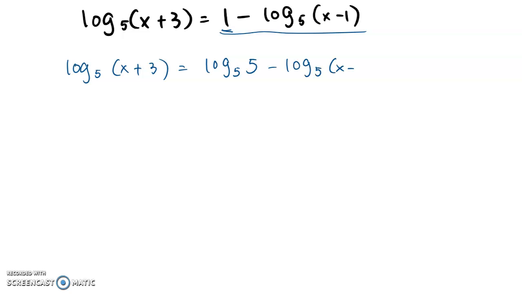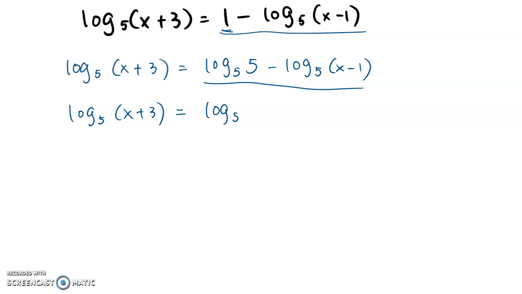So after I write the 1 as a log with base 5, I can combine the right side as a single log. Again, the left side stays the same. The right side becomes log with base 5 of 5 divided by x minus 1.